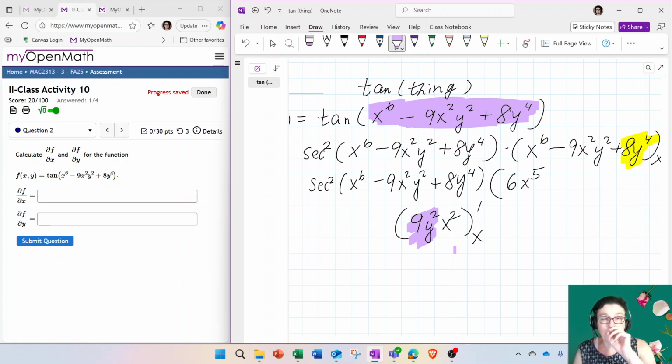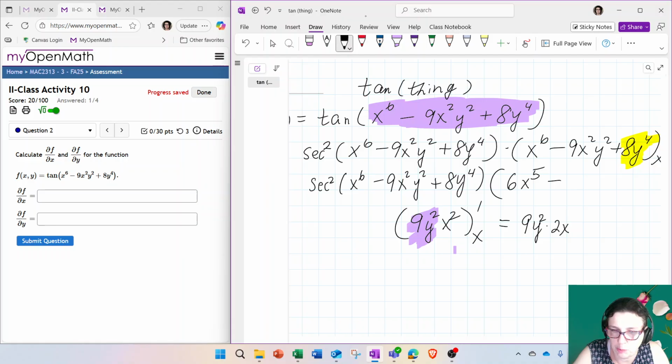This is a constant multiple, and we keep it. Even though 9y squared has a variable, that variable doesn't change, because remember, when you're taking the derivative with respect to y or x, you're treating the other variables as constants. So this is just going to be 9y squared, we keep the constant multiple, and derivative of x squared is 2x. So that's going to become 18xy squared. So this is minus 18xy squared.